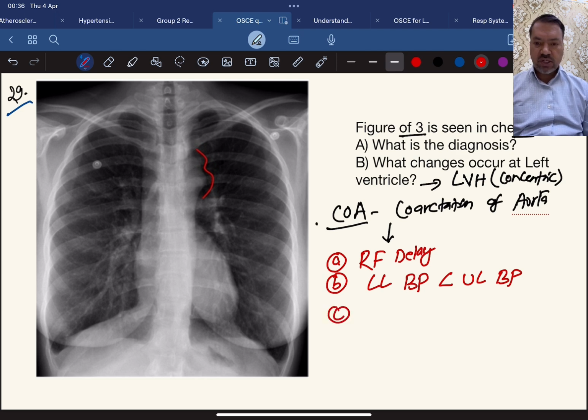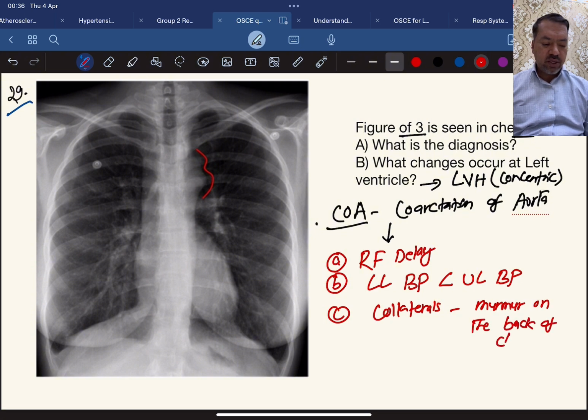Okay, number C, what else? There will be formation of collaterals, which give rise to murmurs on the back of the chest. These are called continuous murmurs, and they can also cause rib notching.